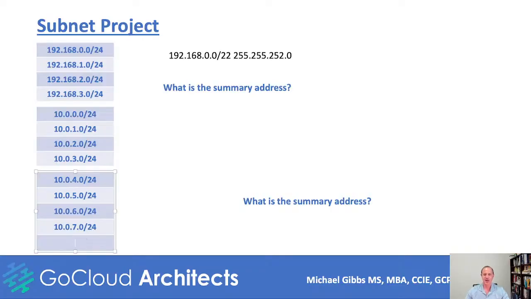Okay, so now how do we summarize 10.0.0.0/24 all the way to 10.0.7.0/24? What kind of CIDR mask would this be? How many will support 8 /24s? 8 /24s. What's that all going to look like?